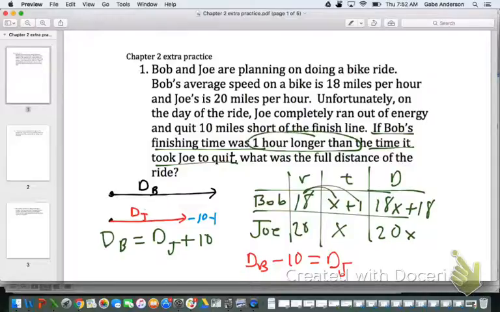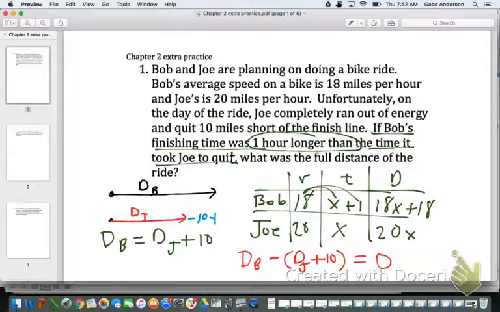You want to see one more? Check this out. Distance of Bob minus distance of Joe plus 10 equals 0. There's a fourth way to write it, and we probably could come up with a fifth way too. So my point is this. We get very hung up on, I always do it this way. I want to release you from those handcuffs.